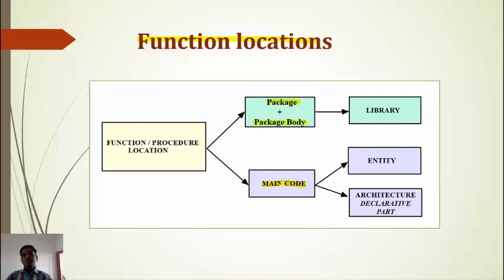Inside the main code there are two major parts, the entity and the architecture, or the declarative part inside the architecture. These are the main code, but the package and package body come inside the library. In this way the function locations are there.